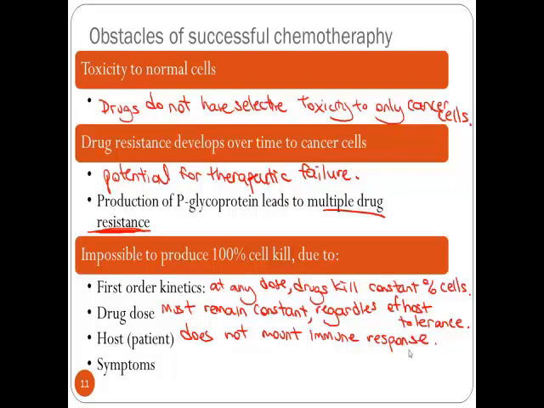And then the last one is one that I alluded to before, is that the symptoms disappear long before 100% kill rate is achieved. All right, so those are some of the obstacles there.